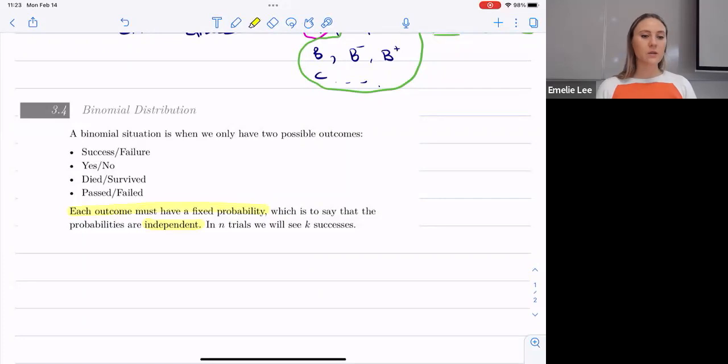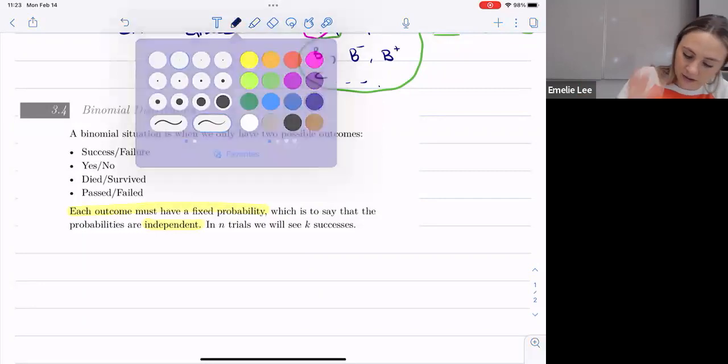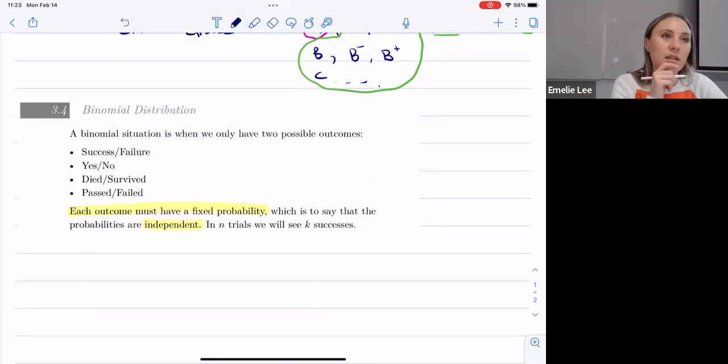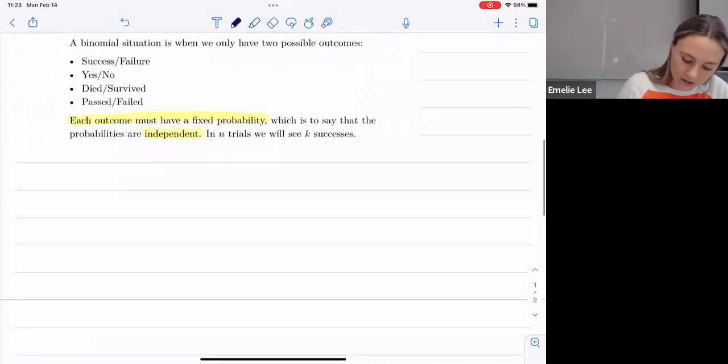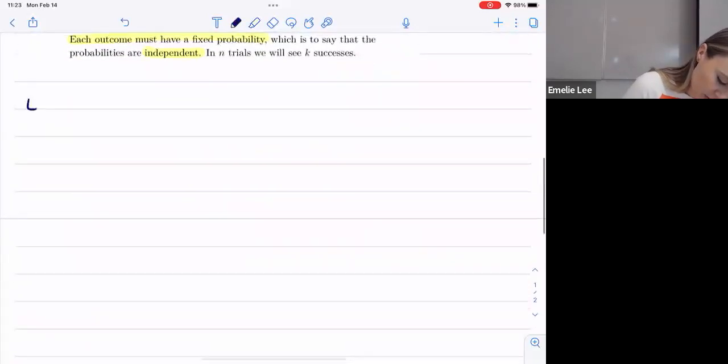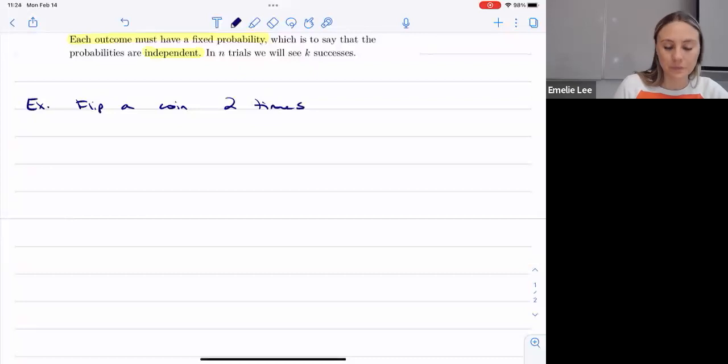So what we're going to do is, let's say I flip a coin, right? And I say, I'm going to flip this coin 2 times, right? Then what would the tree diagram look like, right? So for example, flip a coin 2 times. Draw the tree diagram.